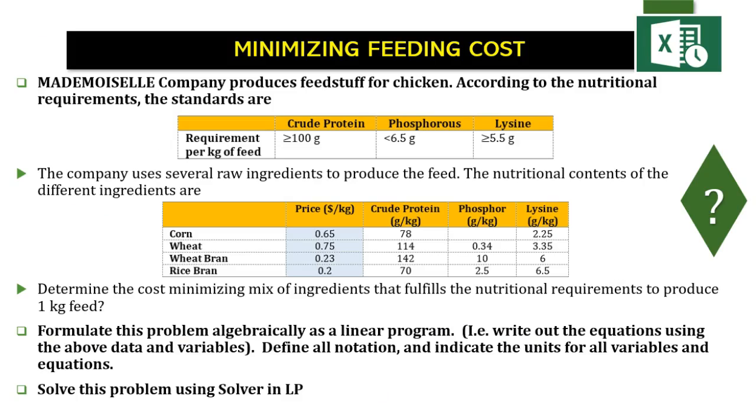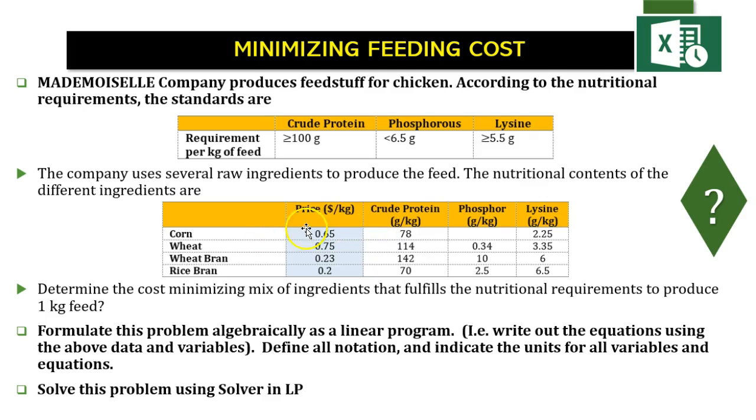Let's illustrate how we can use linear programming to solve a feeding minimization problem with the following example. Mademoiselle Company produces feedstuff for chicken. According to the nutritional requirements, these are the standards in terms of crude protein, phosphorus, and lysine. The company uses several raw ingredients to produce the feed.